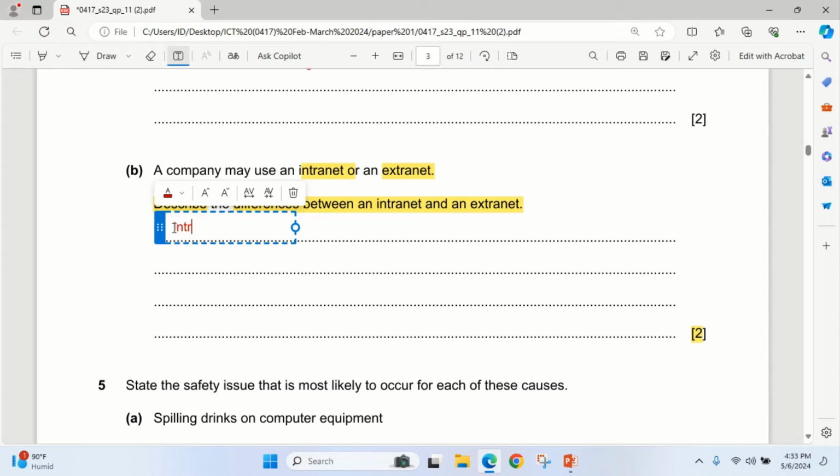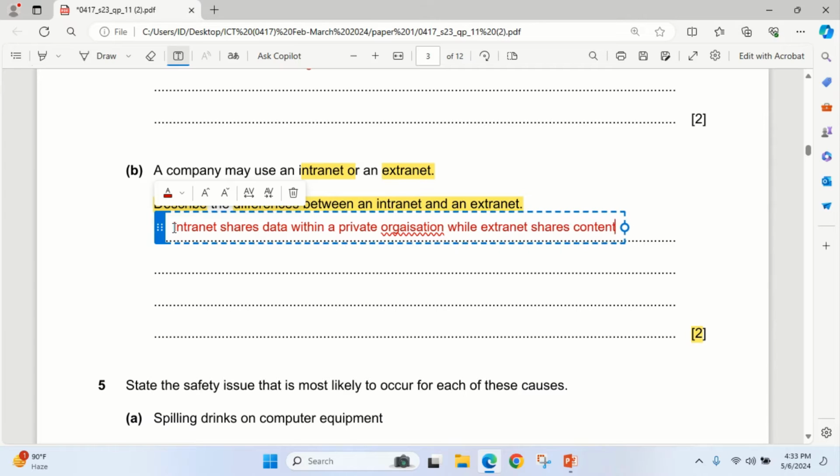You can say intranet shares data within a private organization, while extranet shares content with what? Third party, or just say supplier or customers.